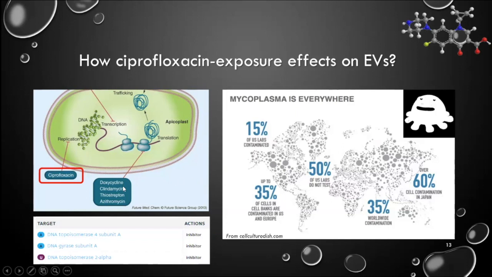It suppresses the replication of bacterial DNA, and it is also used to treat and prevent mycoplasma contamination, which, even though discovered 50 years ago, is still a widely known problem: some of the cell lines are contaminated, and it's a very tiny organism that can hardly be detected, so we're trying to avoid it.